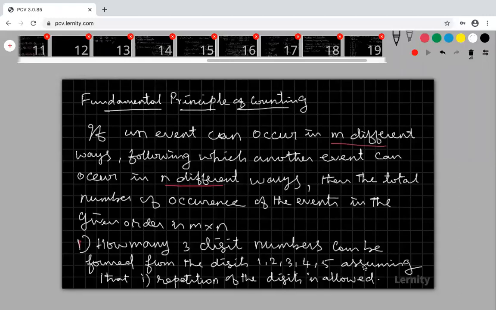Look at the first question. How many three-digit numbers can be formed from the digits 1, 2, 3, 4, 5, assuming that repetition of the digits is allowed?